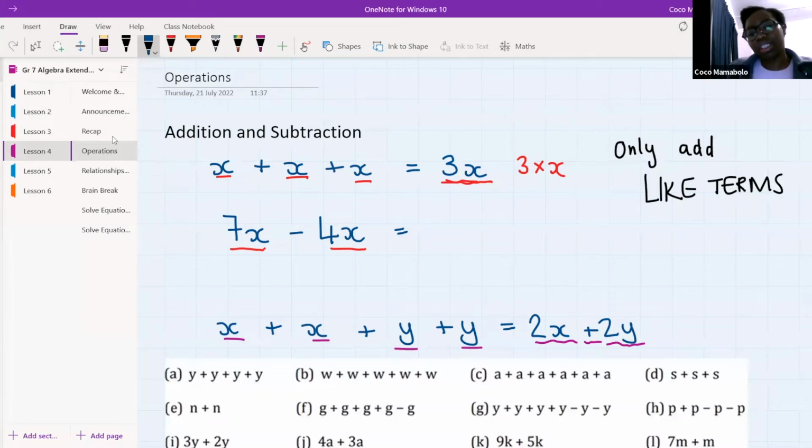If you're stuck, check the chat. Yes, we have 3 of them left. 3x. Mbali and Hermione gave you clues in the chat. Okay, excellent. So what we're doing is we're minusing. And because I have an x here and an x there, I can minus 1 from the other. I hope that makes sense.